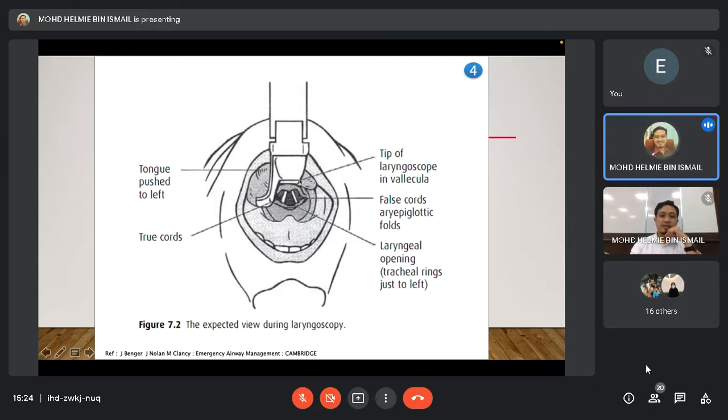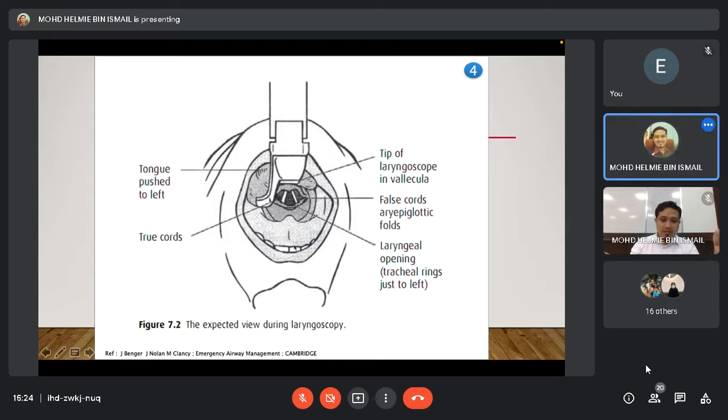Okay, and then you go in the midline, insert a bit, and then go behind the tongue, and you can see the epiglottis. When you see the epiglottis, you put the tip of the laryngoscope above the epiglottis, which is at the vallecula. And then you elevate about 45 degrees.